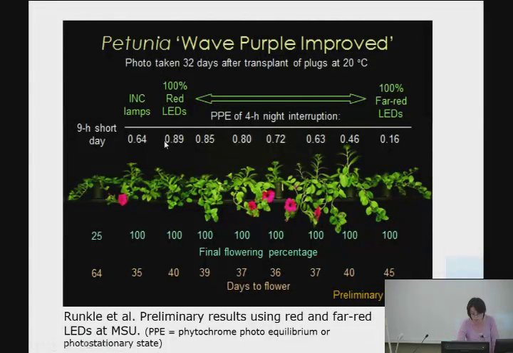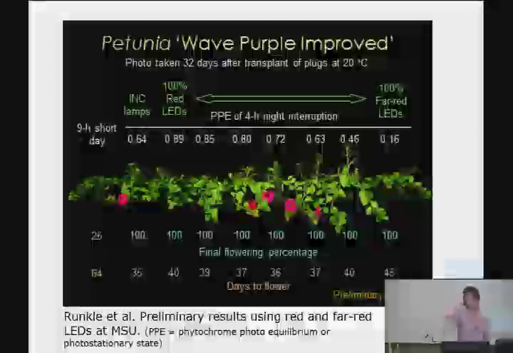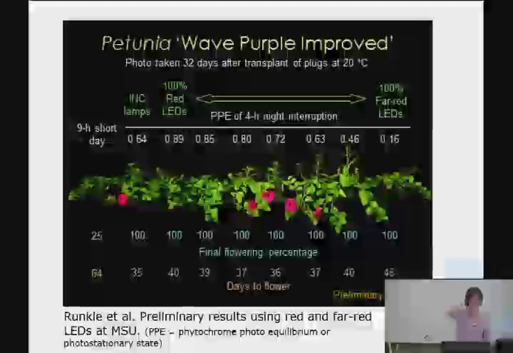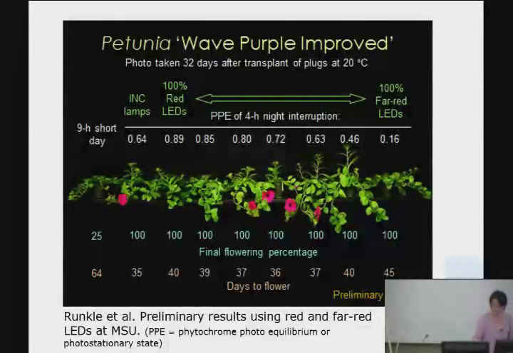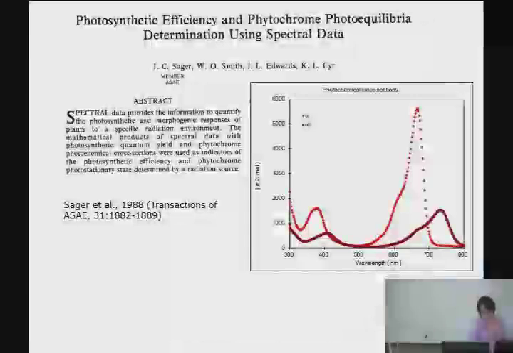By the way, these numbers are the PPE, the phytochrome photoequilibrium. This is a value to quantify the quality of light in terms of plant response. It's quite counterintuitive, quantifying the quality of the light. This value is reported by this paper, on photosynthetic efficiency and phytochrome photoequilibria determined using spectral data. This is the phytochrome red absorbing form, and this is the far red absorbing form.